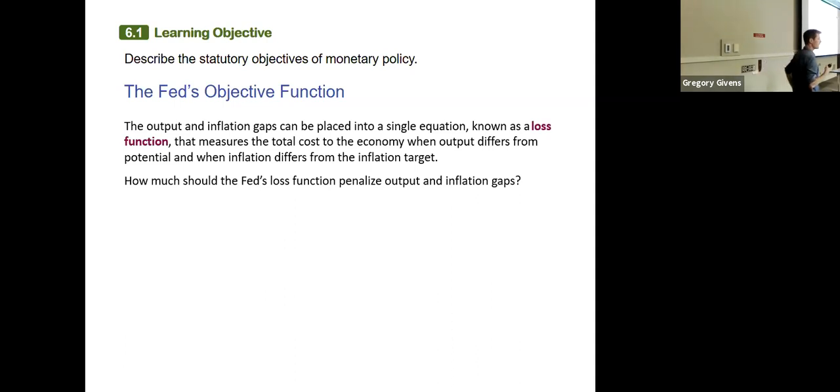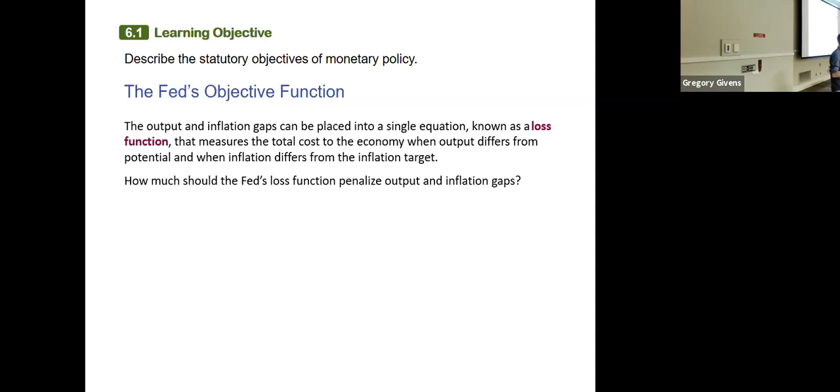Now, let me be clear about what I'm saying there. Imagine that the inflation gap suddenly doubled from, let's say, 1% to 2%. Most macroeconomists would think then that if the inflation gap doubles, the amount of loss or cost to society should more than double as a result of that.